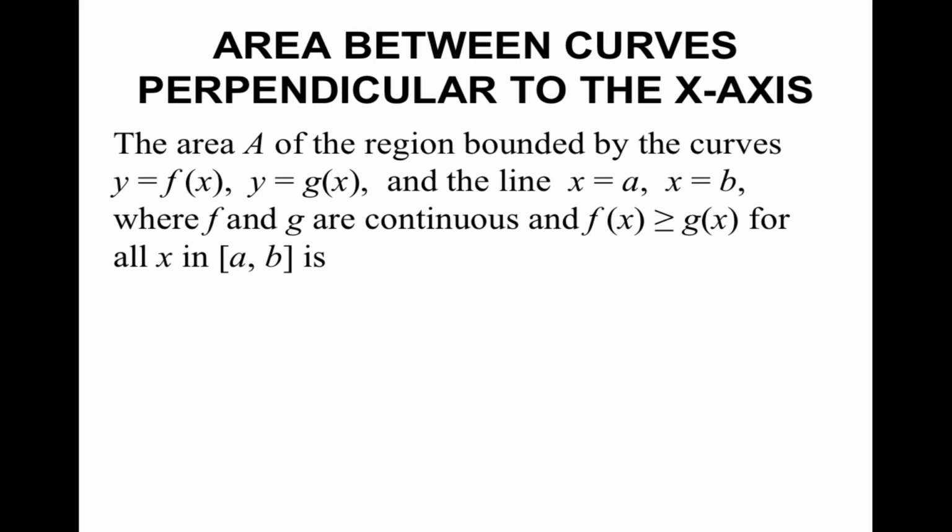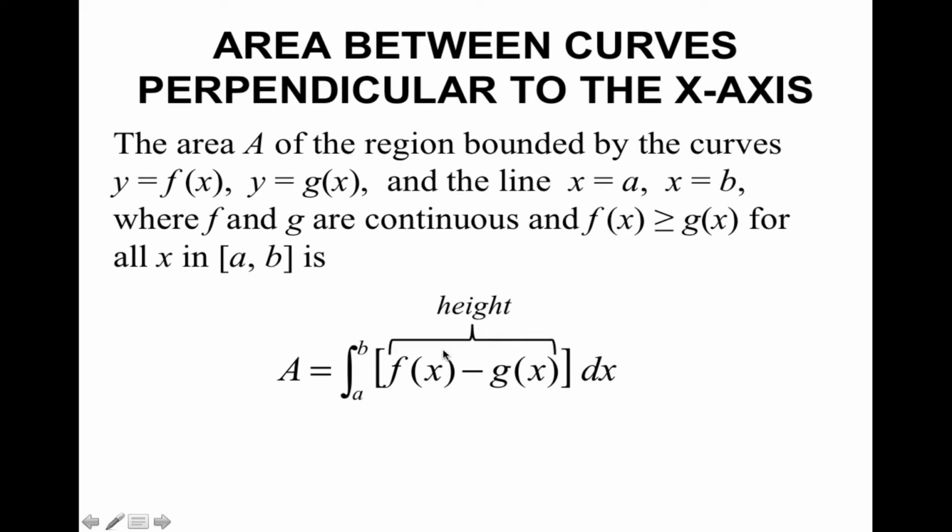Then the area is the integral from a to b of the top curve minus the bottom curve, or in other words, the greater curve minus the lesser curve. And that represents the height of your ith rectangle. So again, top curve minus bottom curve.